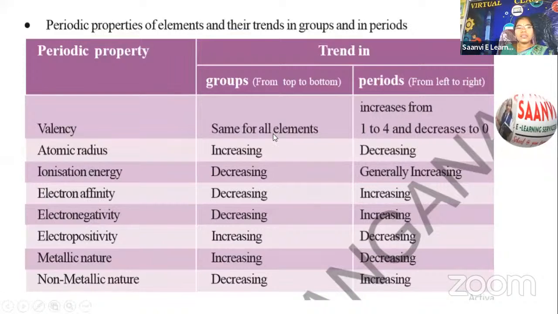Okay, so that is electron affinity. This electron affinity also decreases in the groups from top to bottom, and increases in the periods.